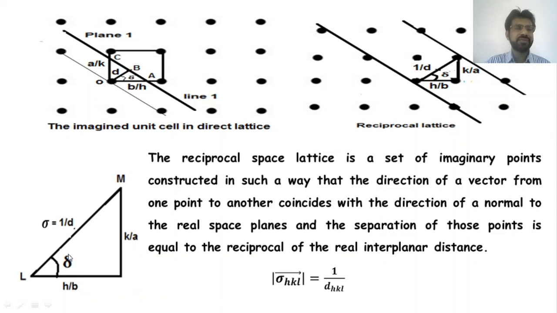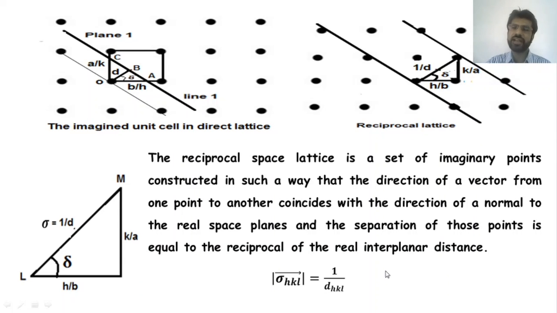After taking the inversion of this figure, you will get the intercepts along the x and y axes as k by a and h by b. Therefore, we get the expression for the reciprocal lattice as 1 divided by d_hk.